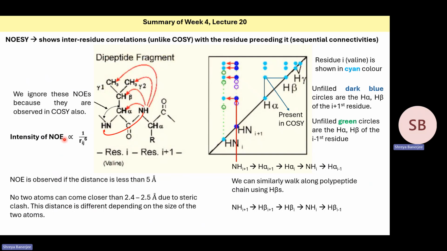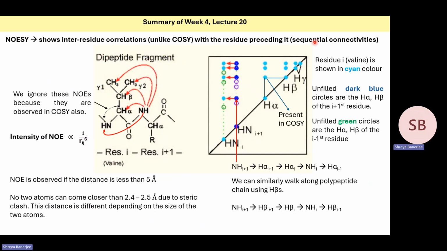That is not possible because no two atoms can come closer than 2.4 to 2.5 angstrom due to steric clash or van der Waals clash of the atoms. If your atoms are large, this distance will be larger. If the atoms are small, this distance will be smaller. So R can only decrease up to a certain limit.